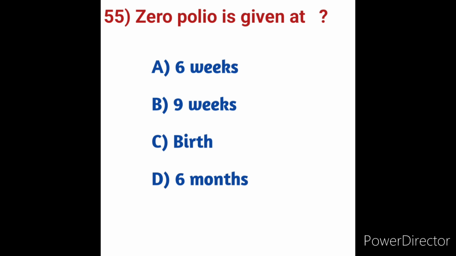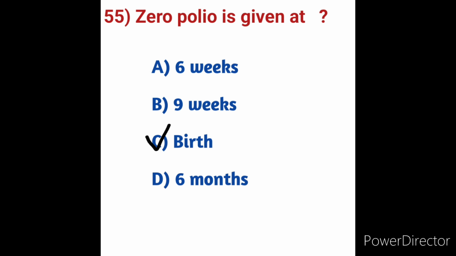Here zero polio is also called oral polio vaccine, OPV. Administration of the OPV dose at birth is the zero dose, serving as a priming dose since it is not fully protective. So the zero polio vaccine is given at birth. Option C is the correct answer here.